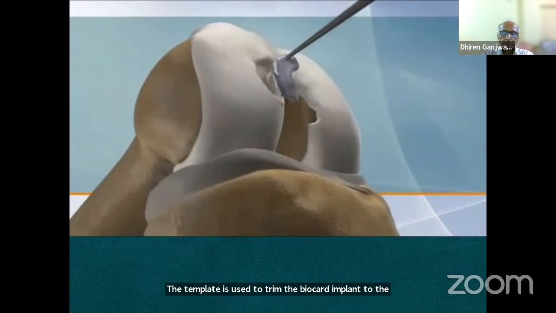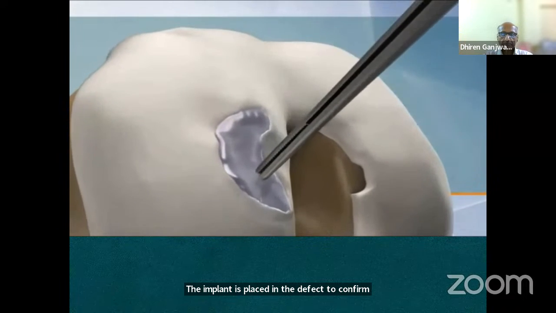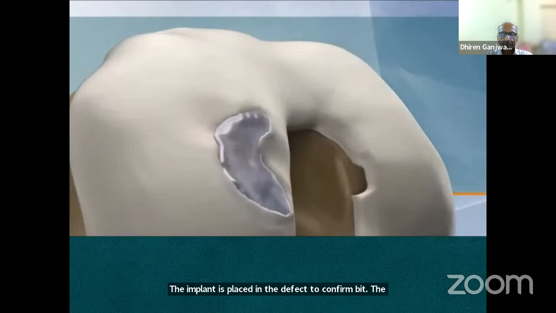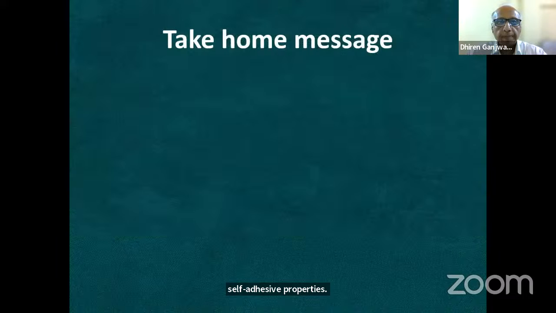The implant is placed in the defect to confirm fit. The scaffold adheres to the lesion site due to its self-adhesive properties. So with that, we don't need to suture the collagen membrane, and that saves a lot of time.